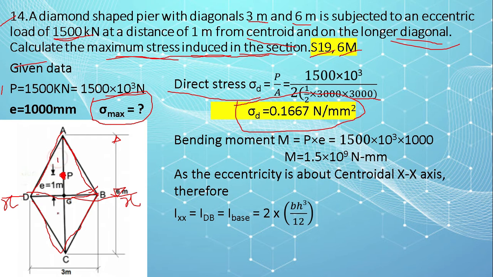These are two triangles, so 2 times the formula for moment of inertia of a triangle about this x axis, bh cube divided by 12. So put all these values: 2 multiplied by breadth 3000, multiplied by this height 3000 cube divided by 12. Therefore moment of inertia is equal to 13.5 into 10 raised to 12 mm raised to 4.